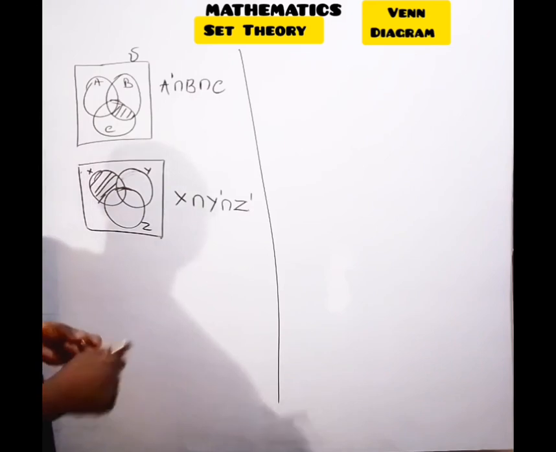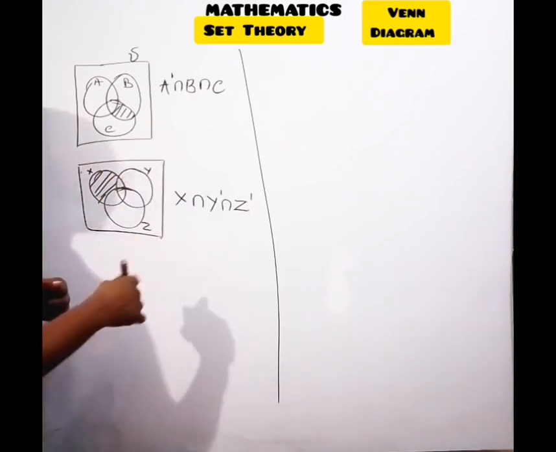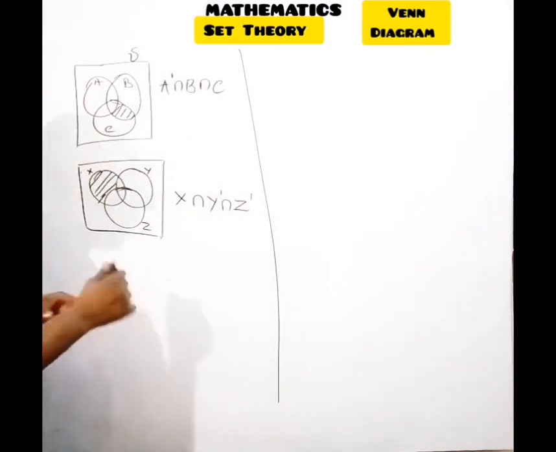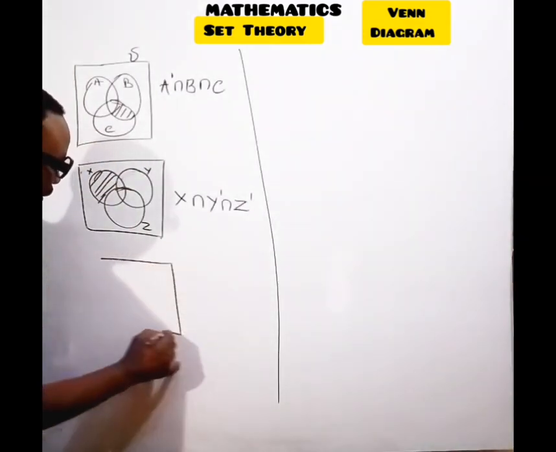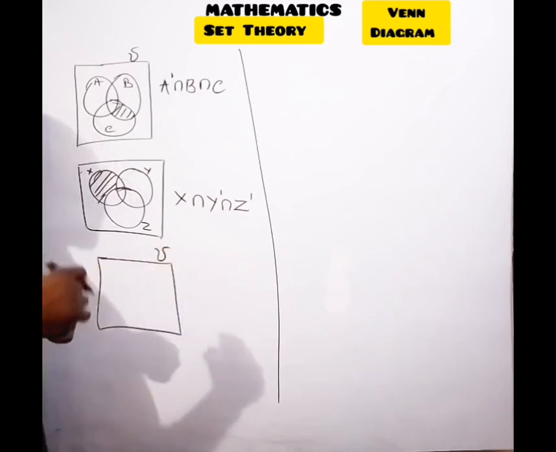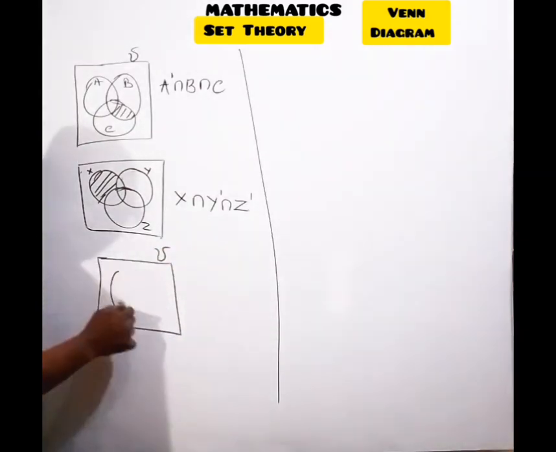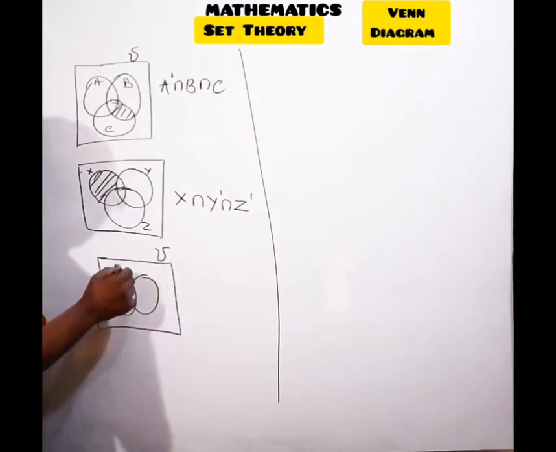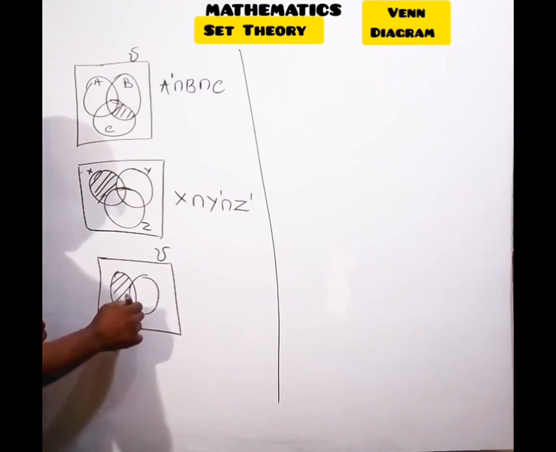I have another Venn diagram I want to quickly show between two sets. If I have an arrangement of Venn diagram of this nature, which is giving me X and Y, and this portion alone is shaded.